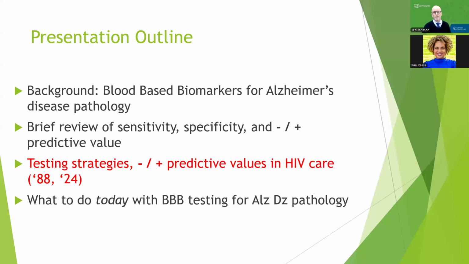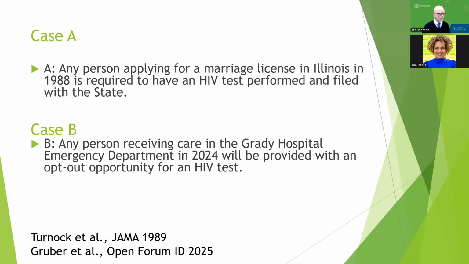Okay, so let's look at an example of sensitivity, specificity, negative predictive value, and positive predictive value from some interesting uses of HIV testing in the literature. The first scenario is case A, where any person applying for a marriage license in the state of Illinois in the calendar year 1988 was required to have an HIV test performed and filed within the state.